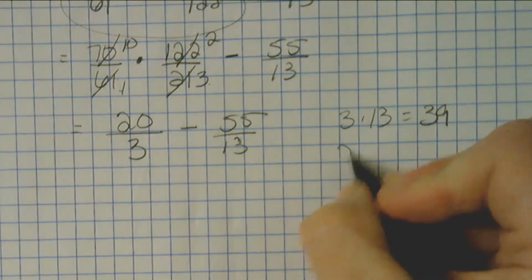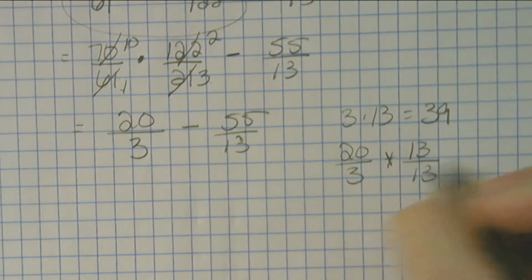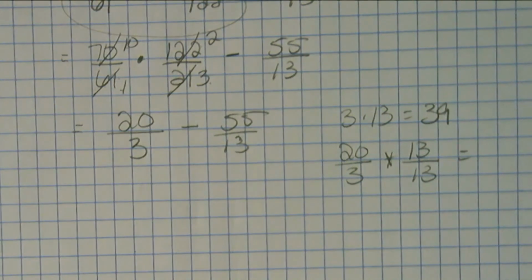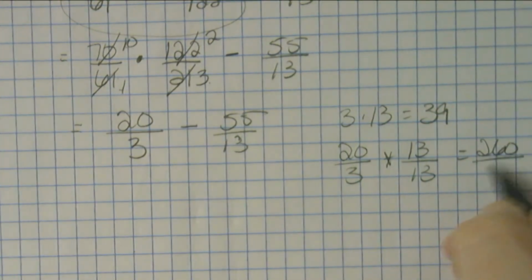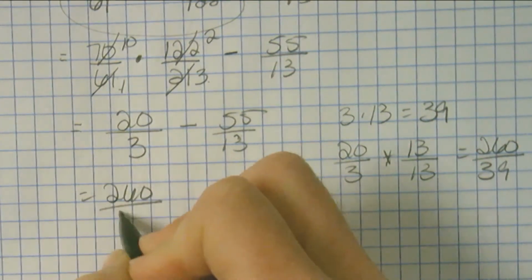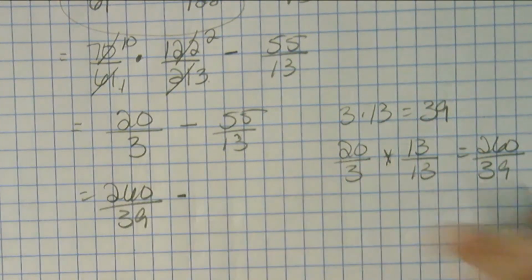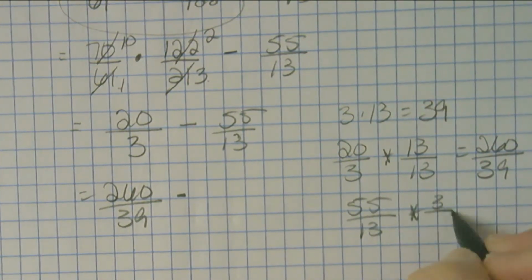All right, so I have 20 thirds, and I have to multiply that by 13 over 13. So 20 times 13 gives me 260 39ths. So this is now 260 39ths minus, well, I have 55 thirteenths. I have to multiply that by 3 over 3.